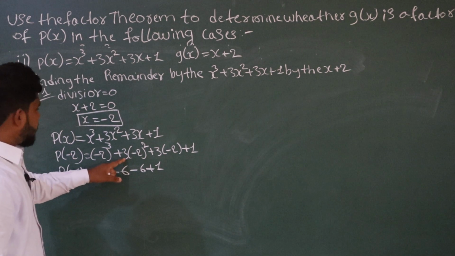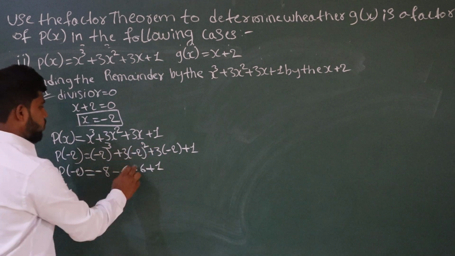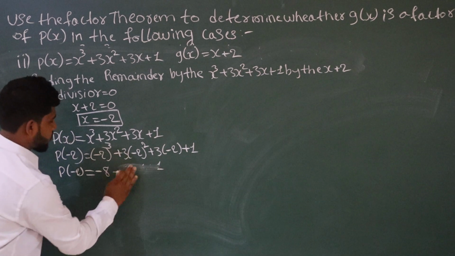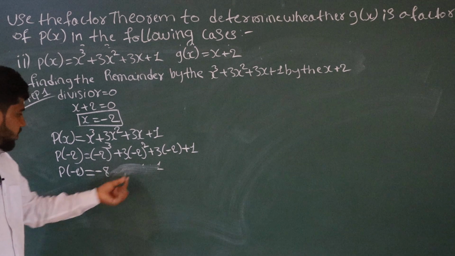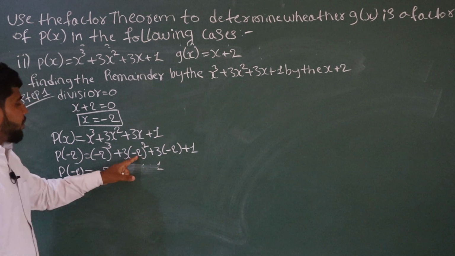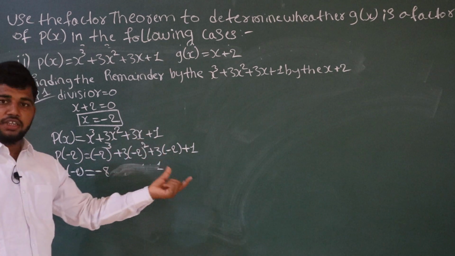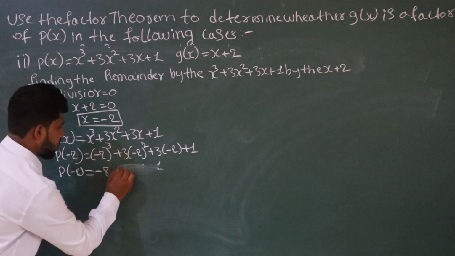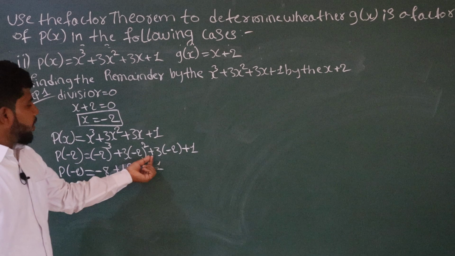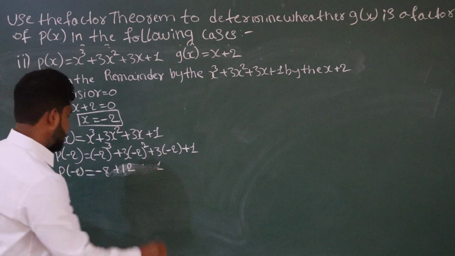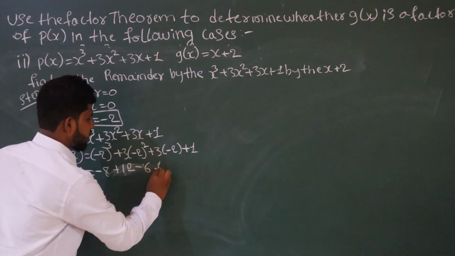Here there is a small mistake. If you multiply minus 2 three times you will get minus 8, plus if you multiply minus 2 two times you will get plus 4, into 3 you will get plus 12, and if you multiply 3 into minus 2 you will get minus 6, last is the plus 1.